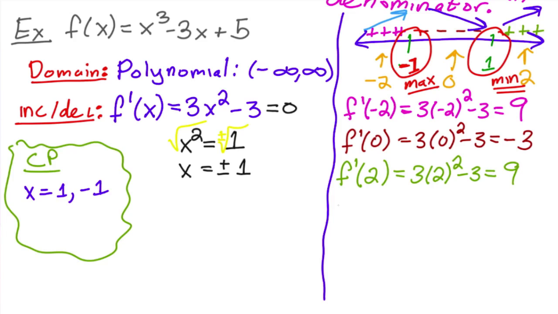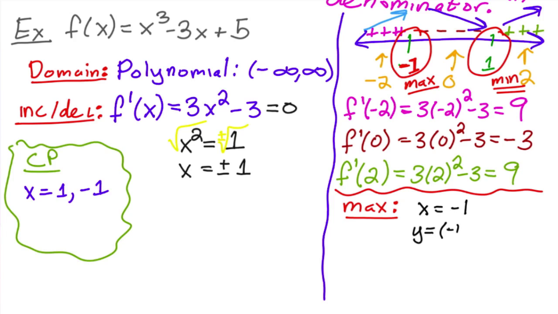Now, to find the actual point, remember you need to plug this value into the original function. So we have a local maximum at x equals negative 1, y equals, and then if you plug negative 1 into your original function, negative 1 cubed minus 3 times negative 1 plus 5, this is negative 1 plus 3 plus 5, so this is equal to 7. So that means that my maximum is at the point negative 1, 7.